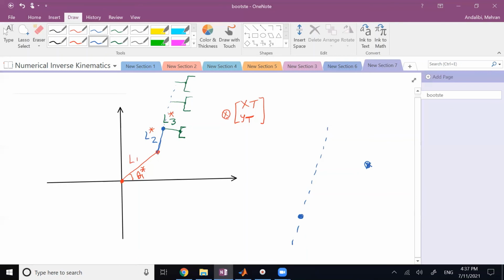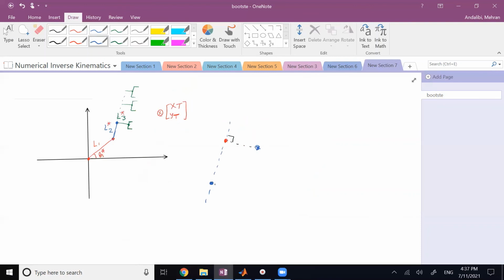And you know, the closest distance will be when the line that you draw from this target point to the extension line of this member is perpendicular, correct? So if I can bring this blue point to this current red point here, that is the closest I can bring it, right? That's the best I can do.